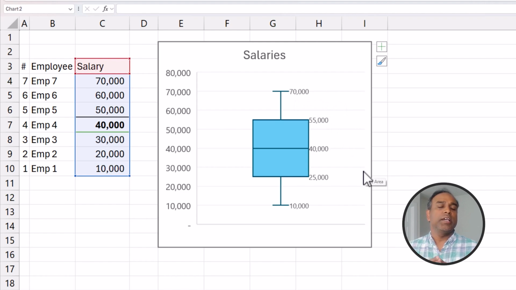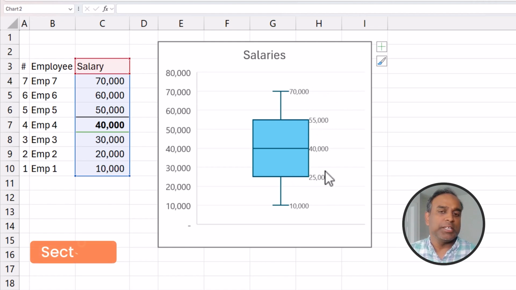So these are the 5 key numbers that make up the box plot. The box always starts from the first quartile and goes to the third quartile, so you can think of the box as representing the middle 50% of the values in your data set.